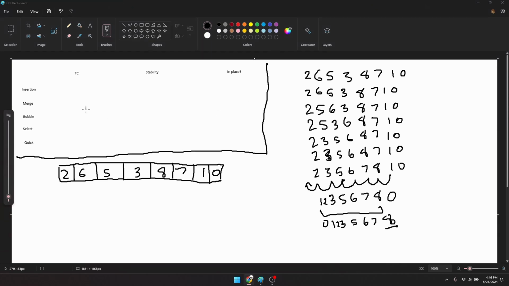So this algorithm has an average time complexity of O(n squared), and this is because in a worst case scenario, if the numbers are low, like in this example, you had 1 and 0, which really belong on the left side of the array, but in the unsorted version, they're on the right side.